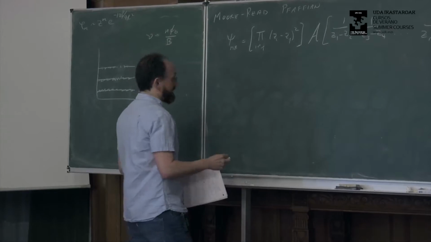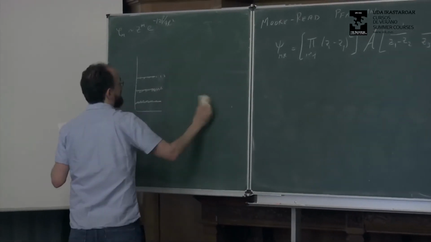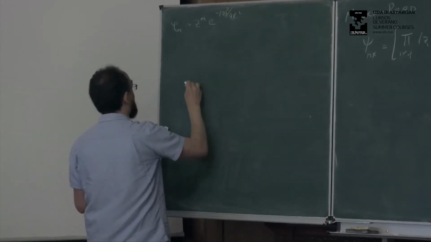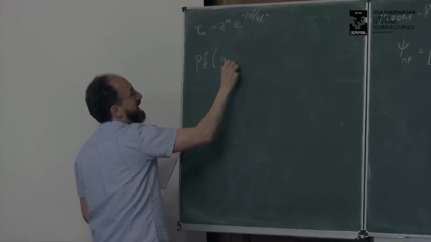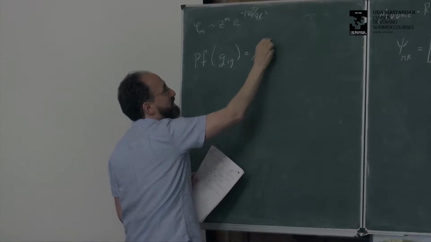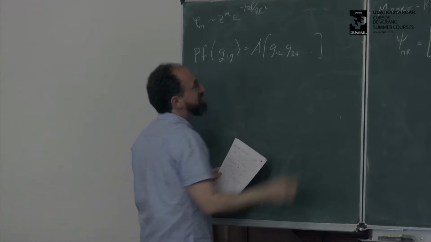Maybe I should give a little bit of help on the name. The name Pfaffian comes from the following: if you say Pfaffian of Gij, that thing is the anti-symmetrized product of G1,2, G3,4, dot, dot, dot, which gives it its name.